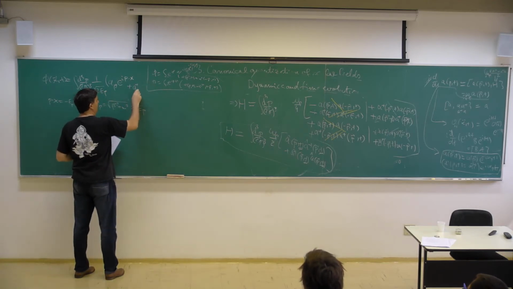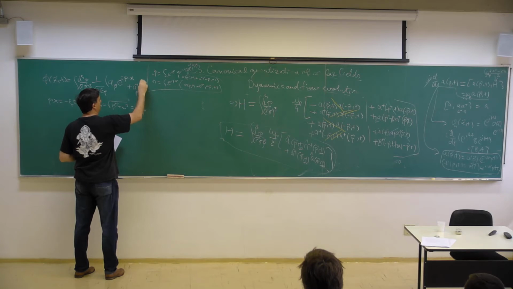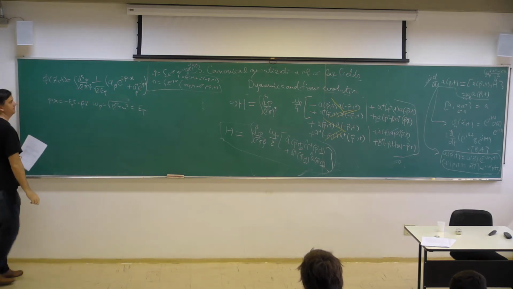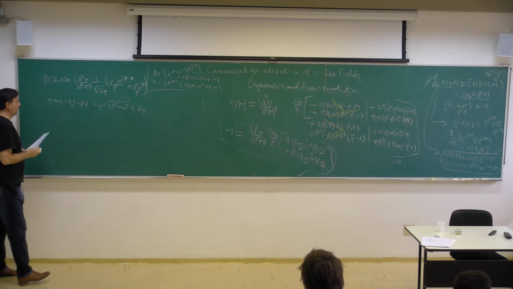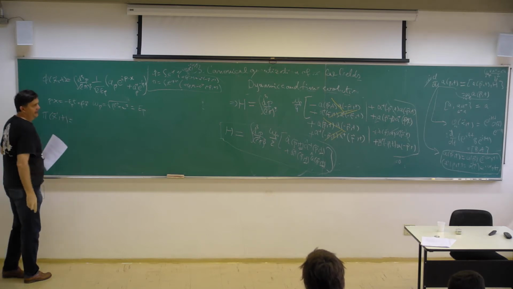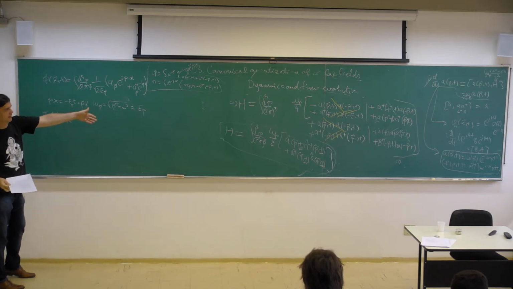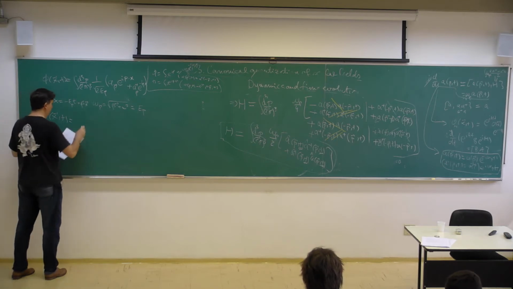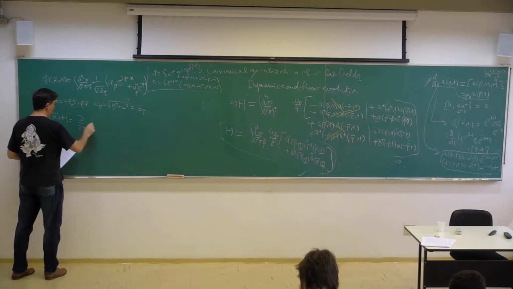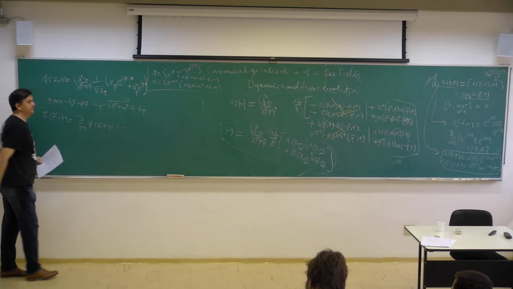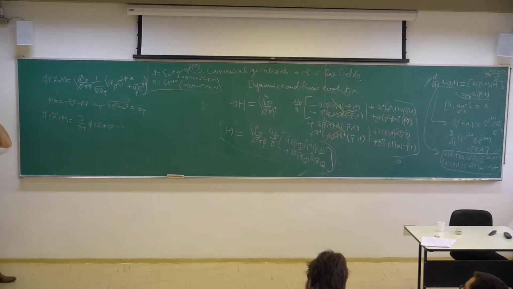So this is A dagger p e to the minus ipx, right? And pi of x and t can be obtained, remember, we've seen that explicitly, pi is phi dot, so this is just d dt of phi of x and t. All right?